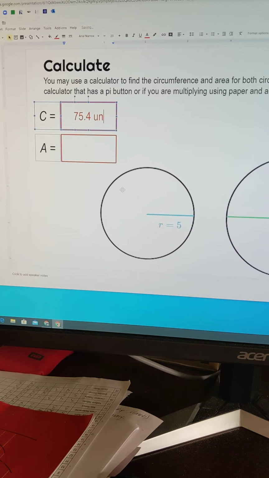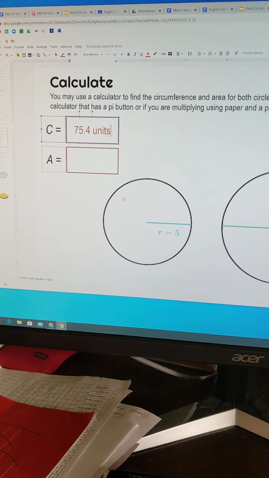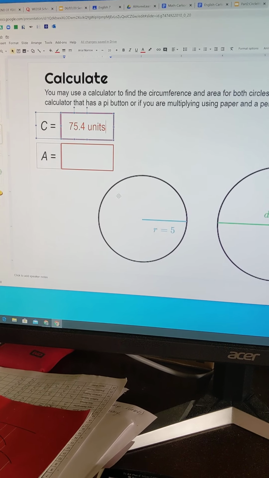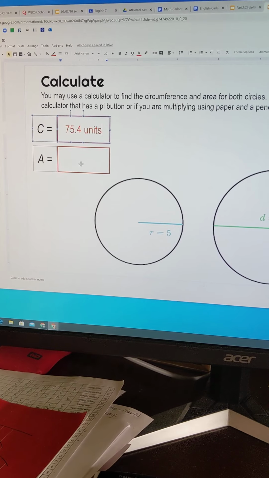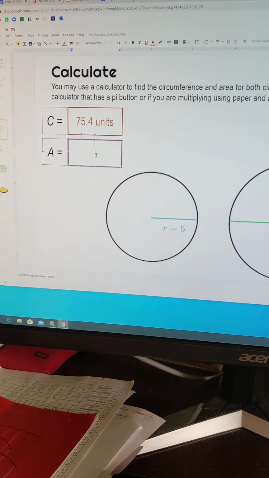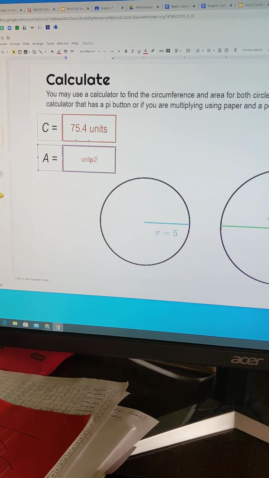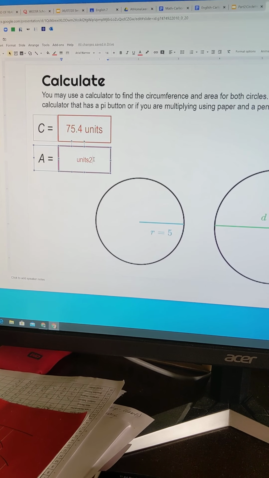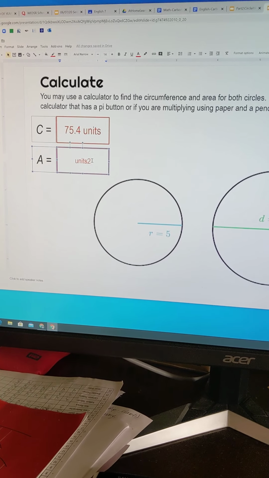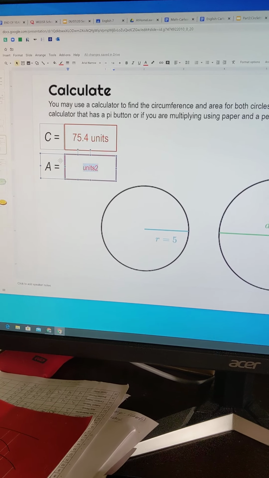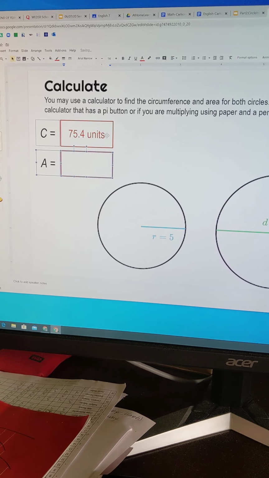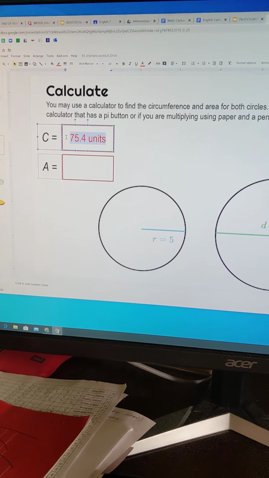So you can just label your answer with the word units. But remember what happens with area: that will be units also, but units squared. So you can type that in as such. Oh, and these have different font sizes, so I need to fix that. See, that's why I do the how-to. I find where I mess up 100 times.